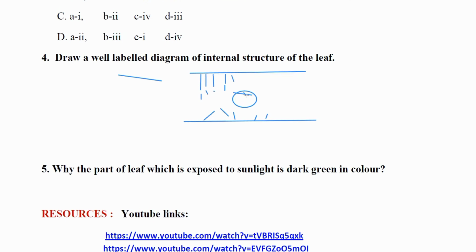Here xylem is present, here phloem is present. So this entire portion is the mesophyll. You can draw it like this.